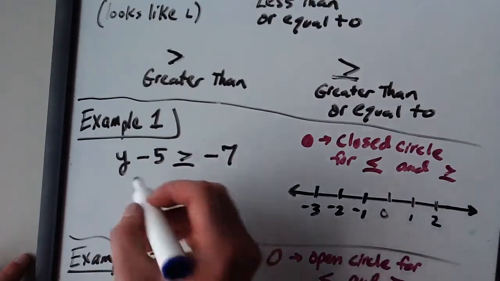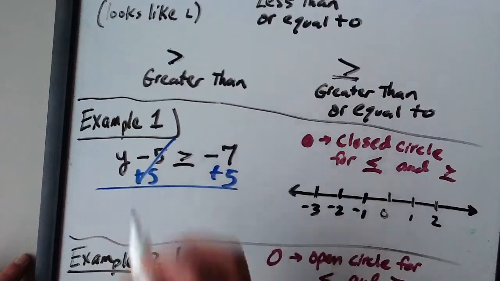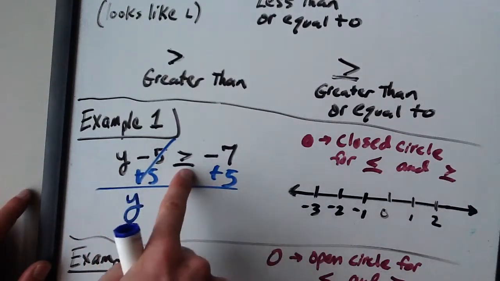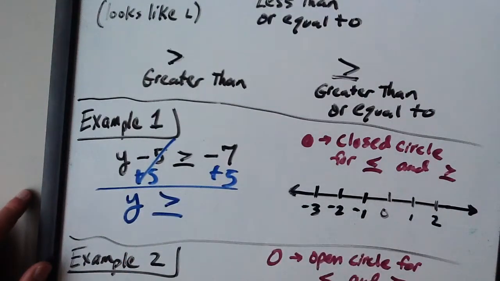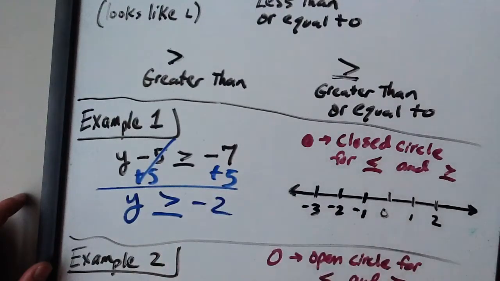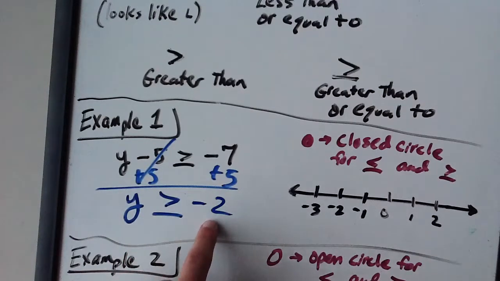So to move it, I got to add 5 to both sides, right? So that those 5s will cancel and I'll be left with y. My inequality stays the same. It's still greater than or equal to. And then on the right side, you got negative 7 plus 5. That's negative 2. So I read this as y is greater than or equal to negative 2.